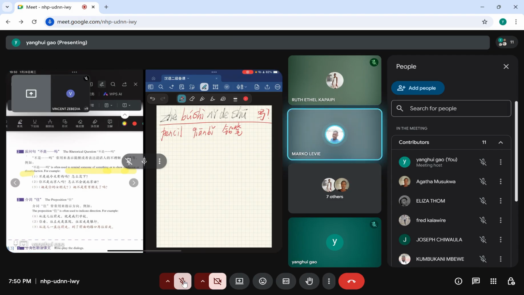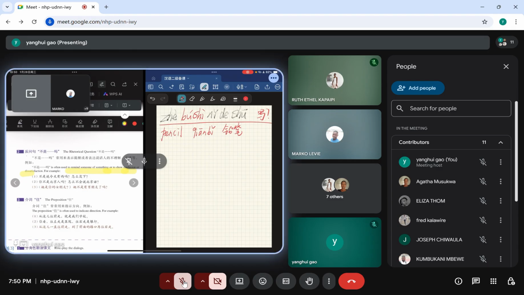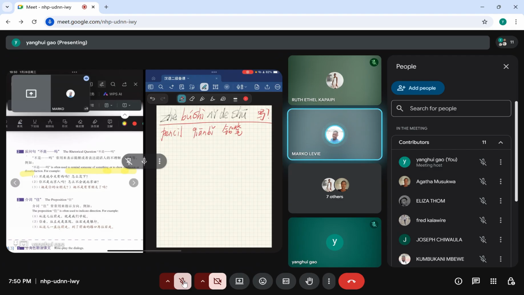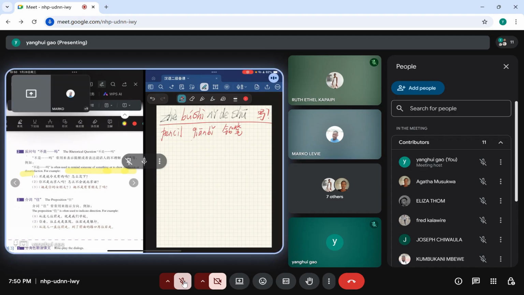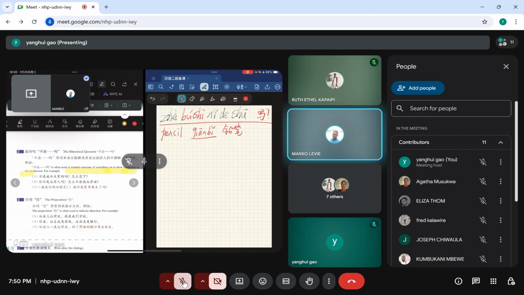Let me try. 这不是你的铅笔吗？ Yes, 铅笔. So can you say it again? 这不是你的铅笔吗？ Yes, great.